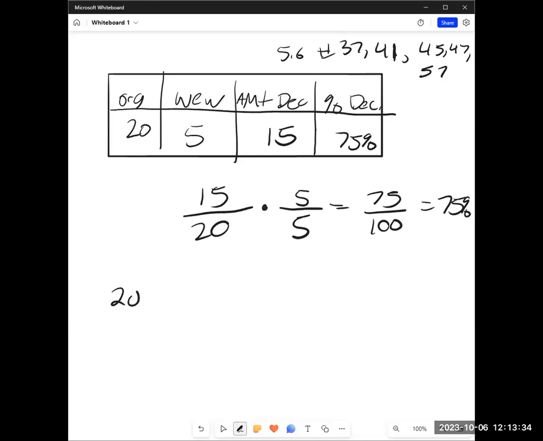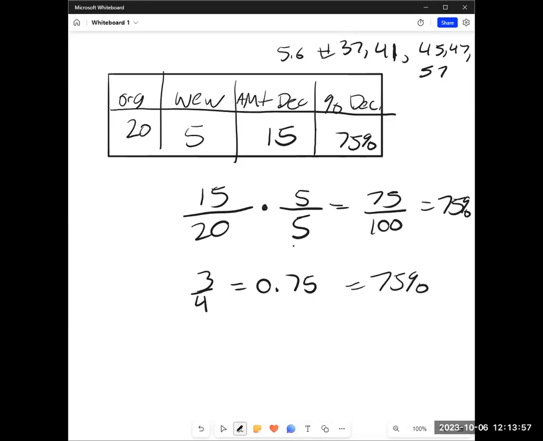I also could take 20 into 15. Let's reduce this first. They're both divisible by 5, so this is 3/4. I think you know that 3/4 is 75 hundredths or 75%.